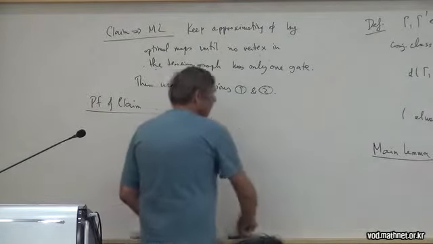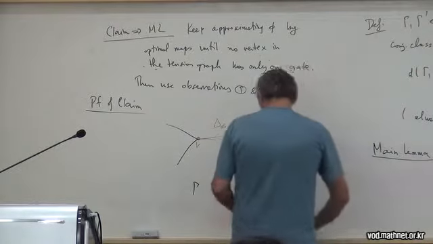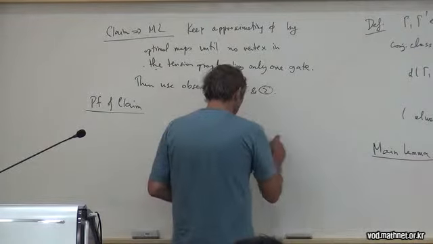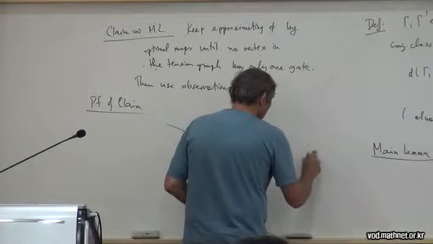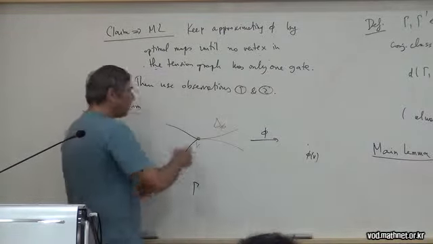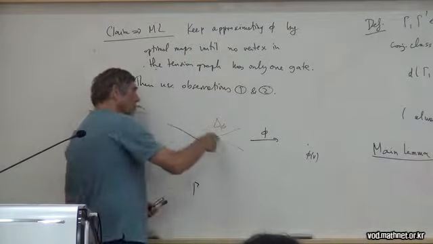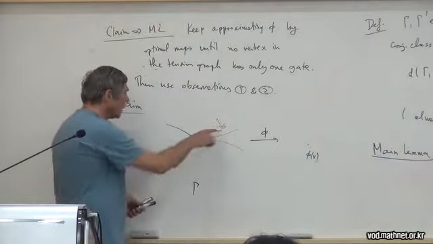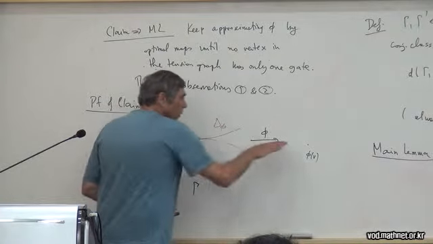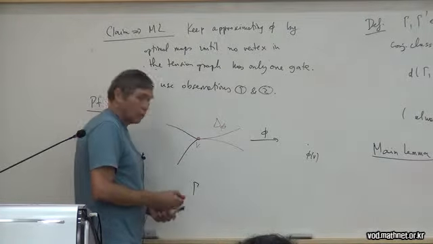Okay, so what does this look like in the image? So I look at phi, and there is phi of v somewhere, and then there is the image of the red. Now all these red edges go to the same direction, right? That's the assumption here. There's only one gate, so all the red edges at v are going to be mapped in the same direction.